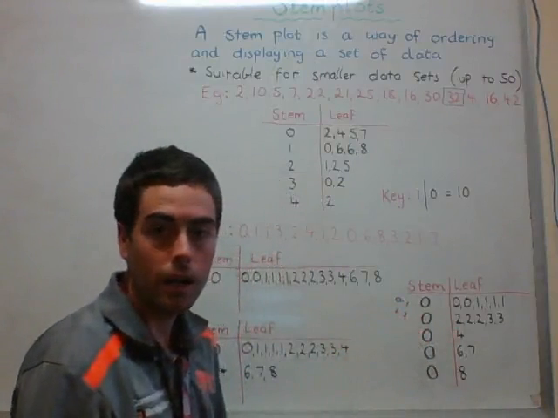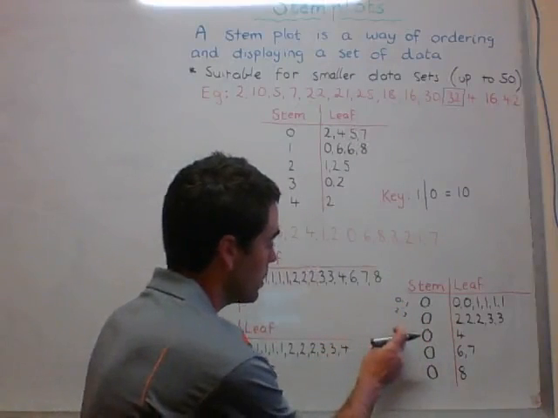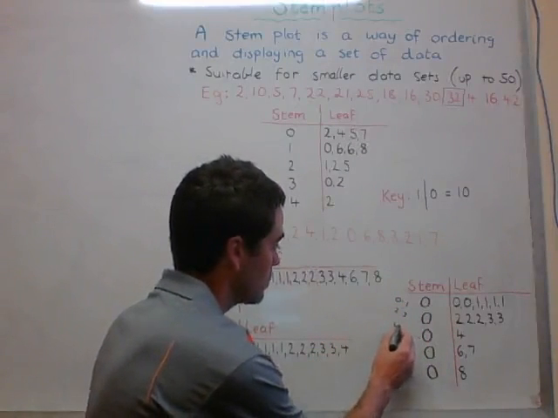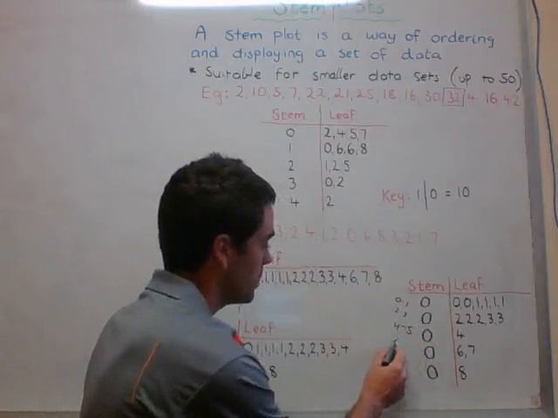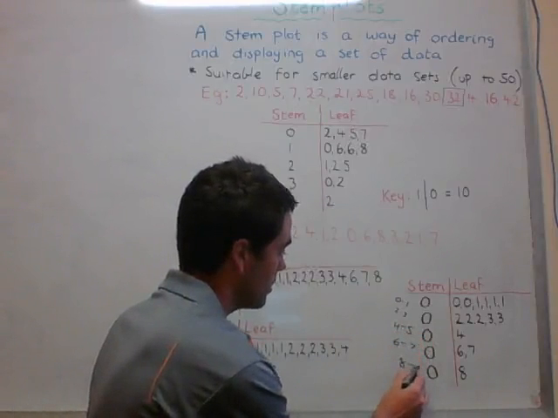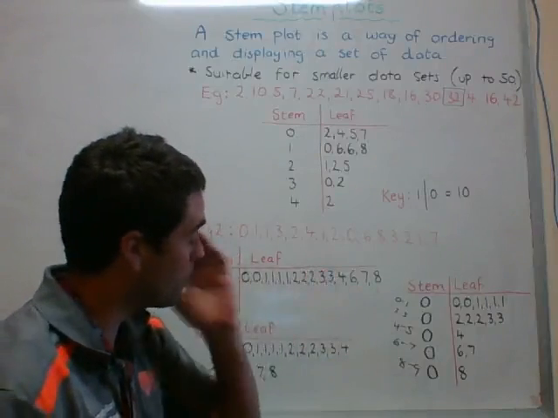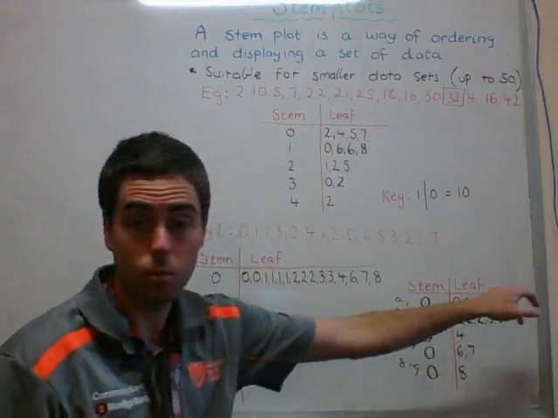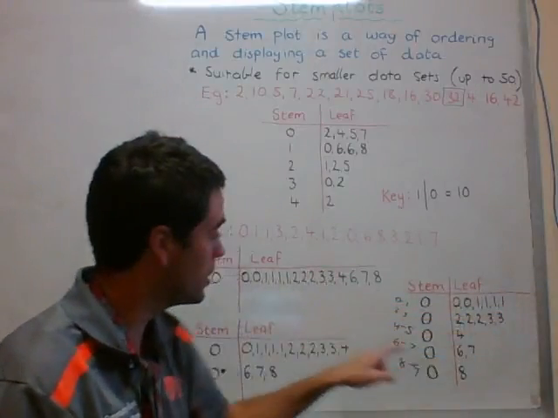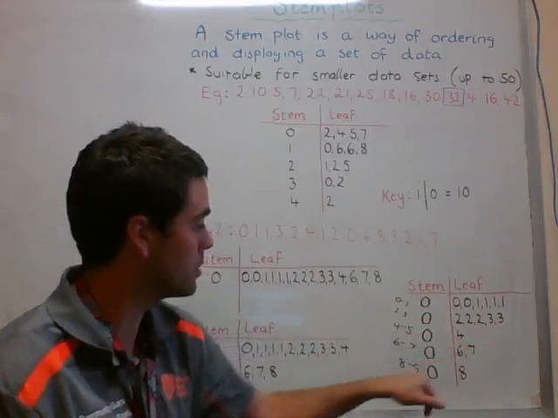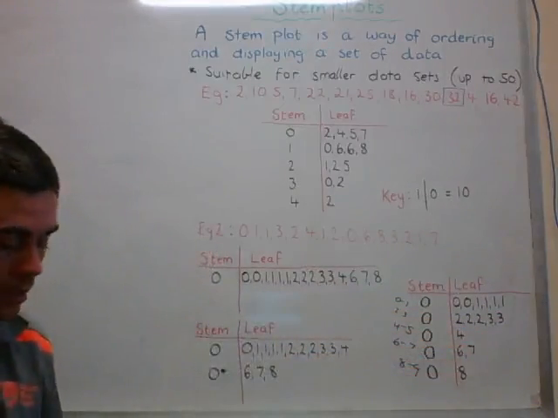In the next column we'd have the 4s and 5s, and then you'd have the 6s and 7s, and the 8s and 9s. Okay, so again, when I put all the numbers in, I end up with a stem and leaf plot.